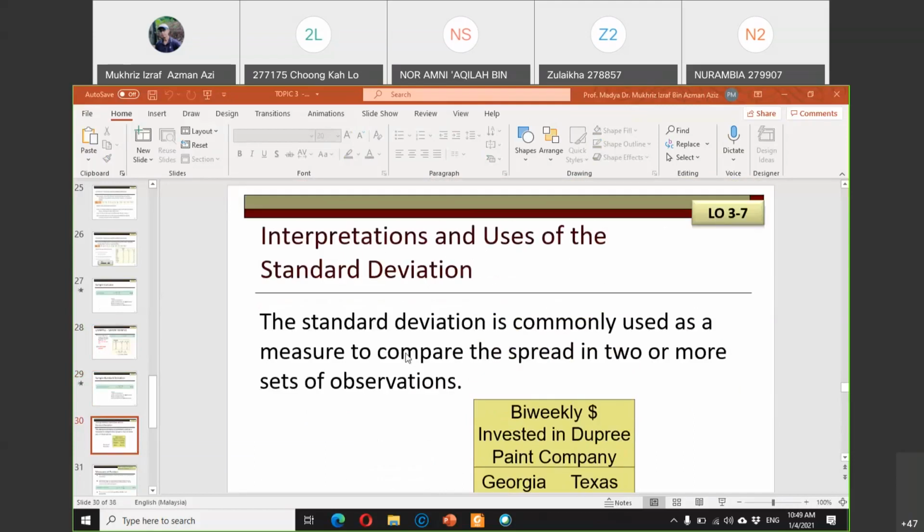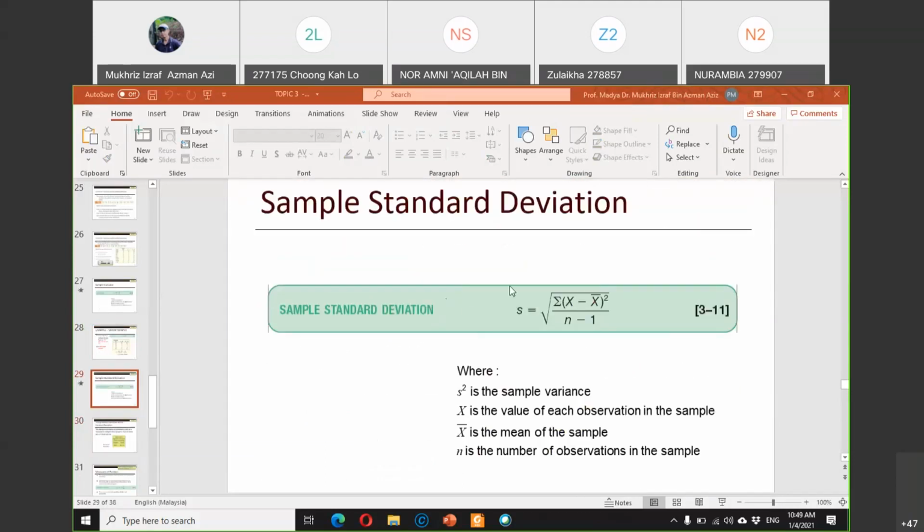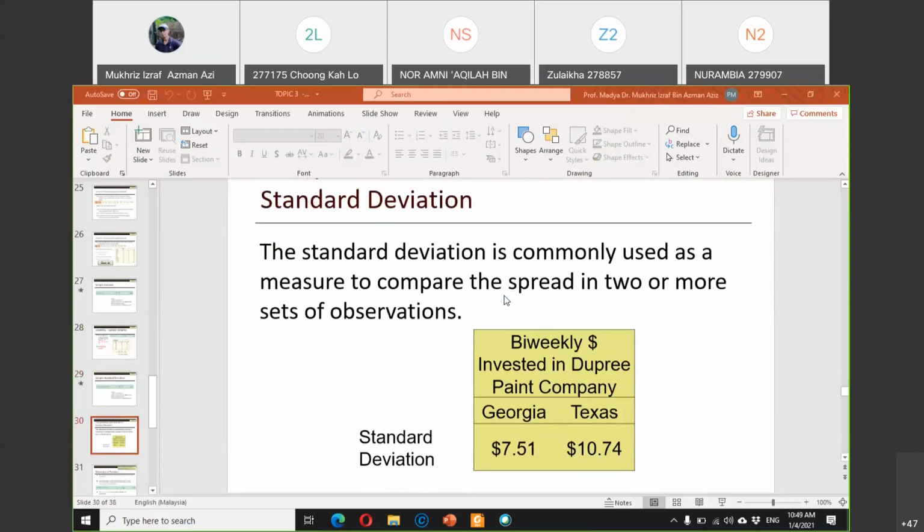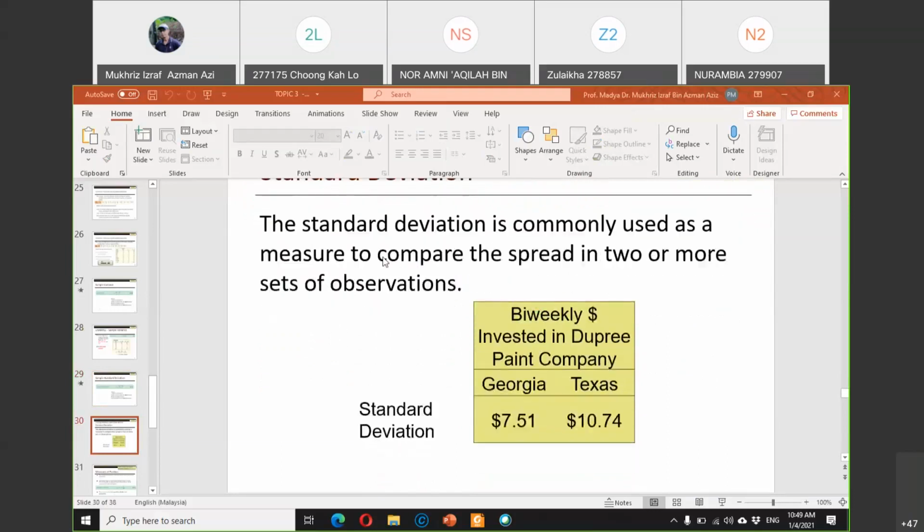Once you calculate the variance, you just take the square root of that to get the standard deviation, whether for sample or for population. So those are the two things. Here, for example, is how to interpret it.